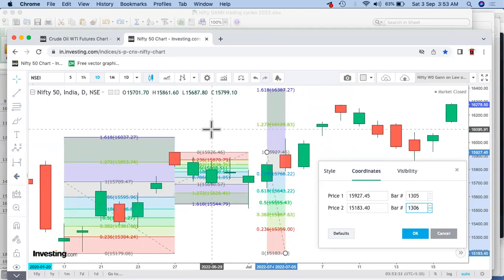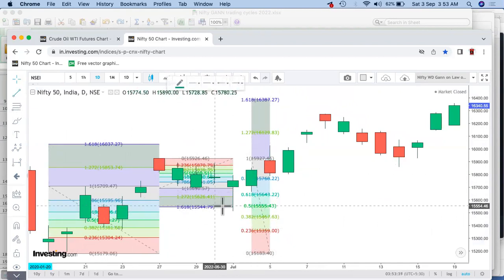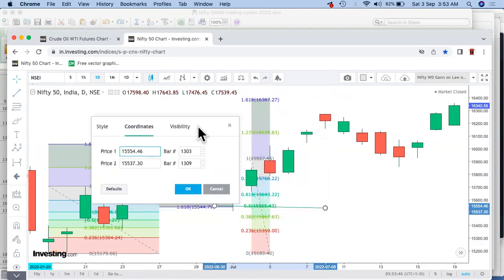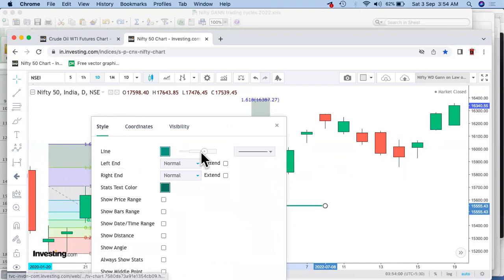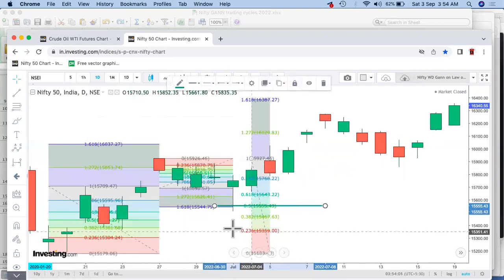Again, if we see the ratio for this bigger Fibonacci, it is coming to the 0.5 level. I'll just mark a small line over here so that we get that exact point. So this point is 15,555.43. I'll just copy this, paste it across, and highlight it properly, right? So this is what we have.